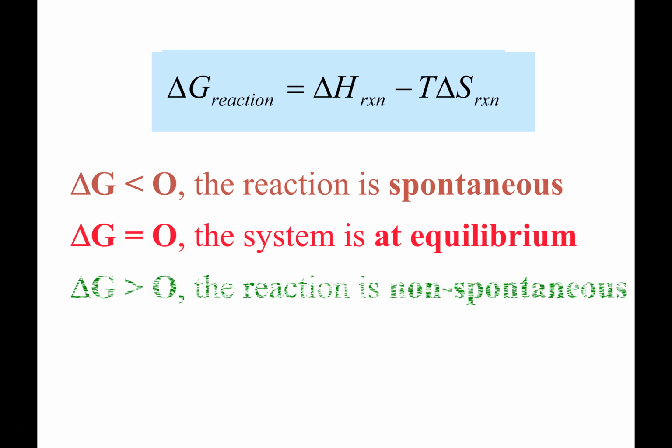All right. So here we go. If the change in Gibbs free energy of the reaction is negative, less than 0, it's spontaneous as written. If your change in Gibbs free energy that you calculated is 0, the system isn't going left to right and it's not going right to left.